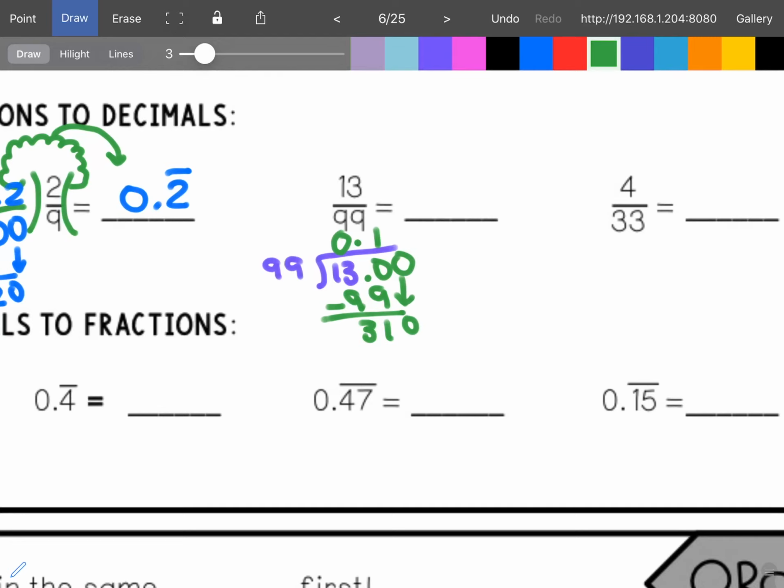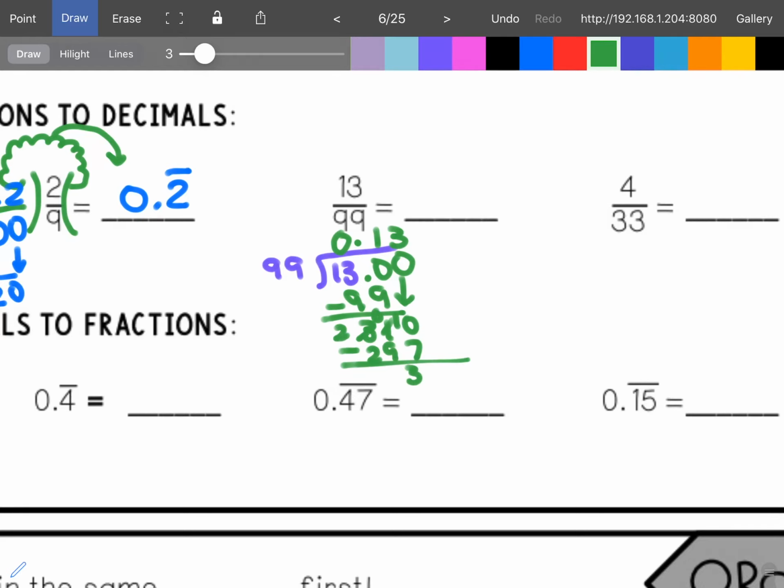And since we have that remainder, we're going to drop down another 0. 99 into 310 is going to go 3 times because 99 is almost 100. So 99 times 3, 9 times 3 is 27. Whoops, I did that wrong. Carry the 2, and then 27 again, plus 2 is 29. Subtract.